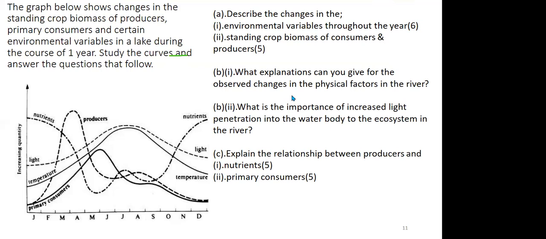So the number of primary consumers will also increase since they feed on the primary producers. Okay, and that will be good for the ecosystem. Of course, when there is little light, there is less photosynthesis, there will be fewer producers, and when there are fewer producers, there will also be fewer consumers. So you see the importance of light. And so all your answers are okay.